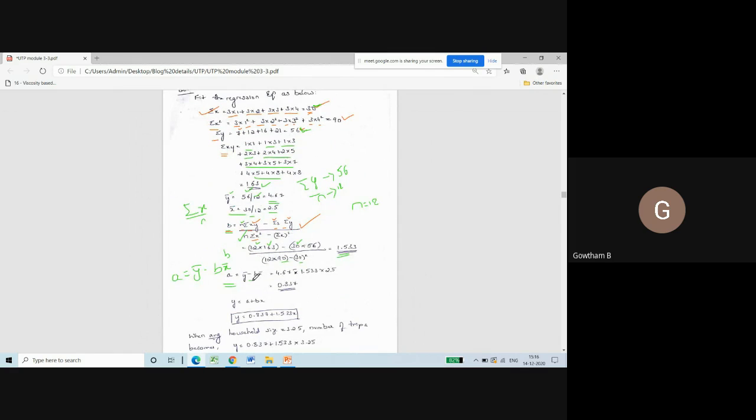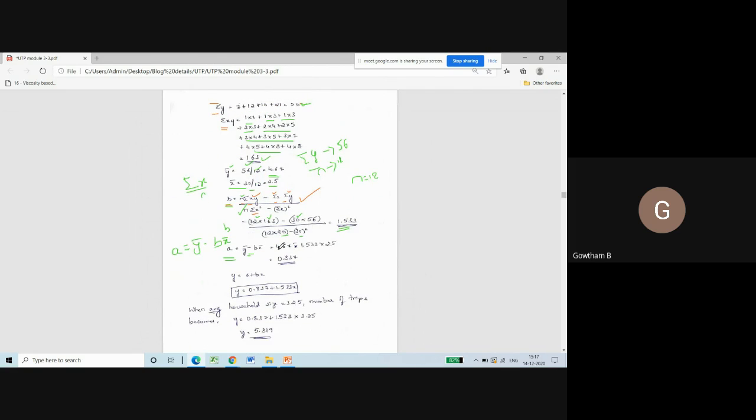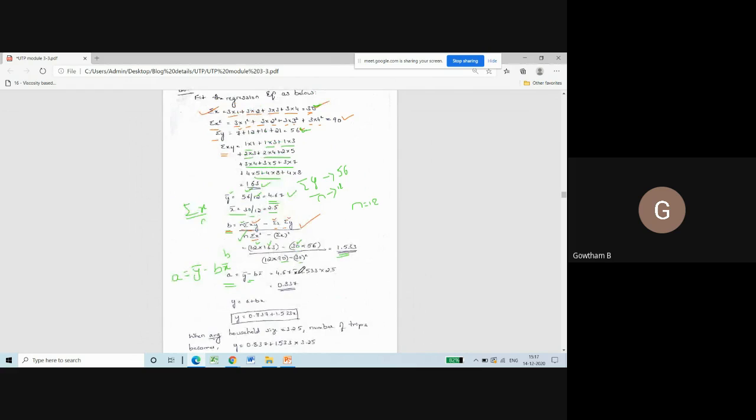Therefore, what does the a value stand for now? Y bar minus b x bar is the formula. Y bar you already calculated: you can see here y bar is 4.67 minus b, which is 1.533, which you calculated in the previous step, into x bar, which you calculated as 2.5. I substituted here. After solving this, you are going to get a value as 0.837.